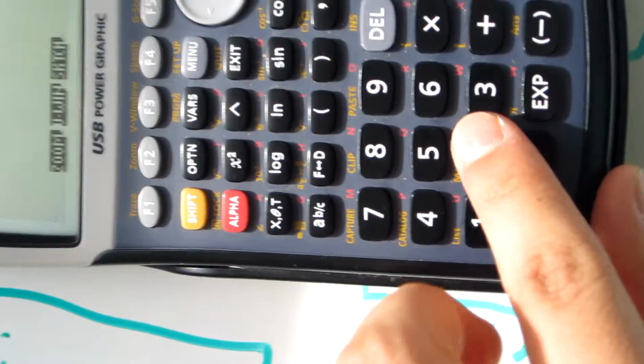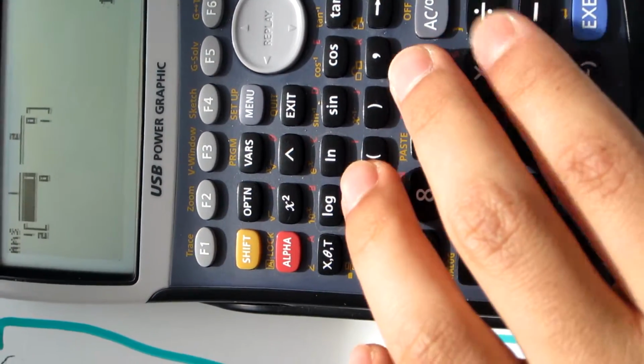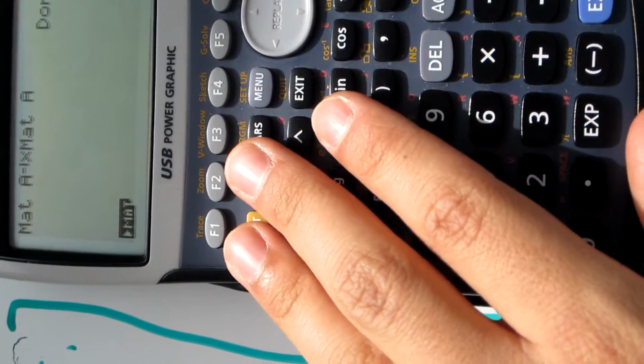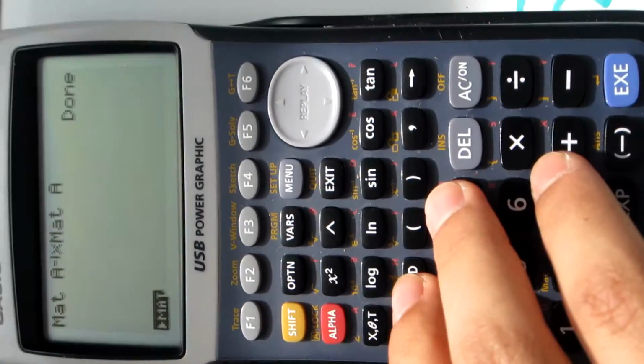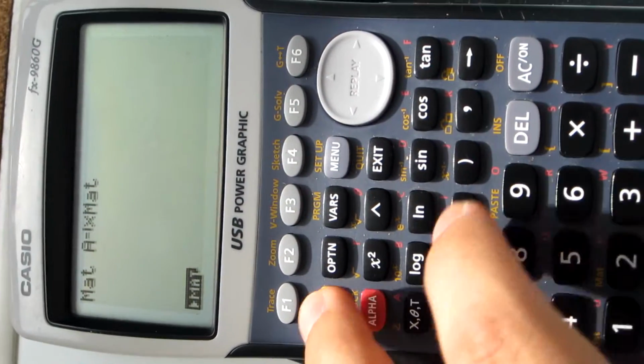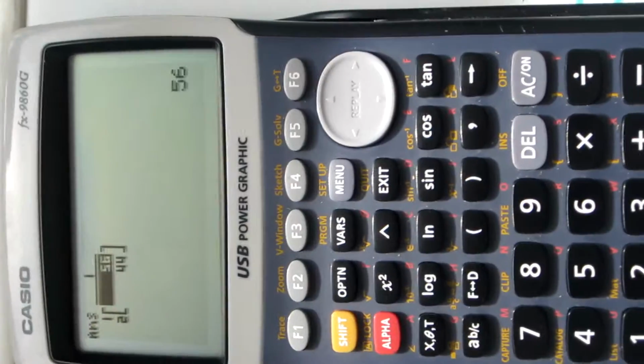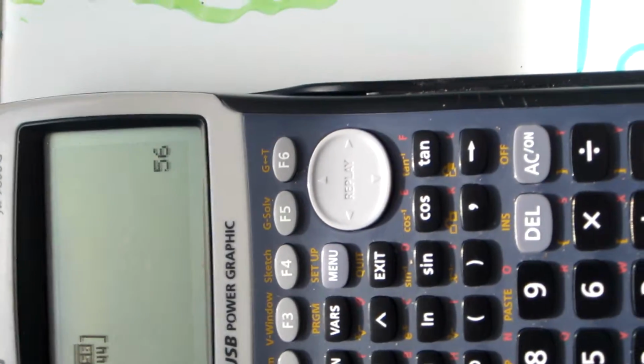We get 1001, the identity, so we can leave that alone. Now we take matrix A inverse and matrix C and get 56 and 44, so x equals 56 and y equals 44.